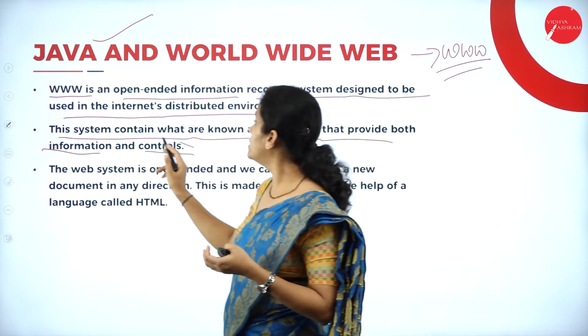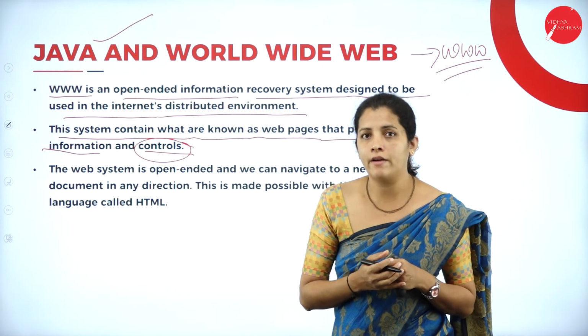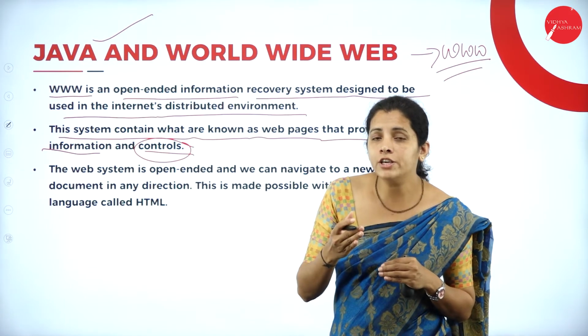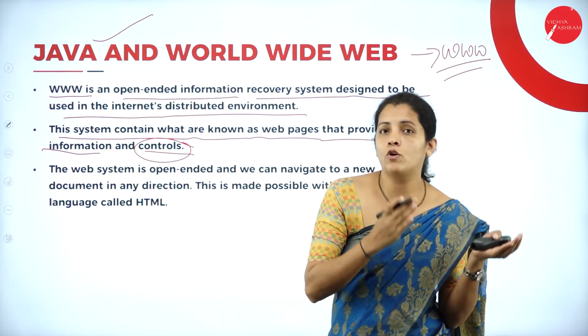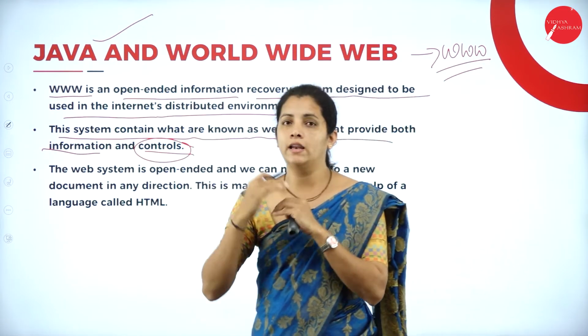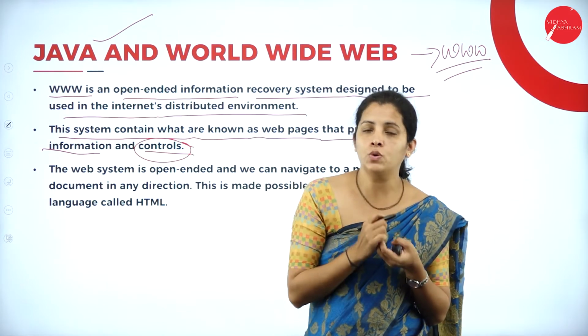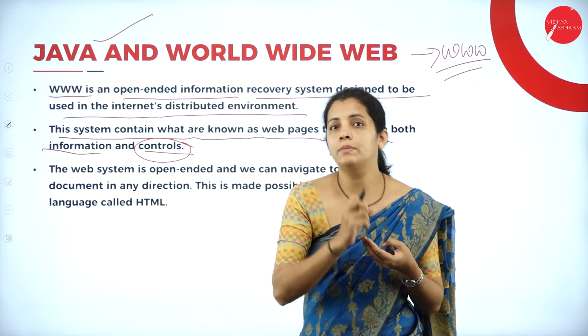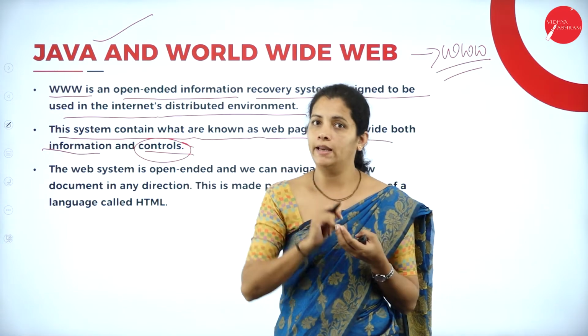And what are controls? Controls are nothing but the navigation. What is navigation? Navigation is nothing but jumping from one page to another. That means I want to navigate from one page to another. That is nothing but providing the link from one page to another.